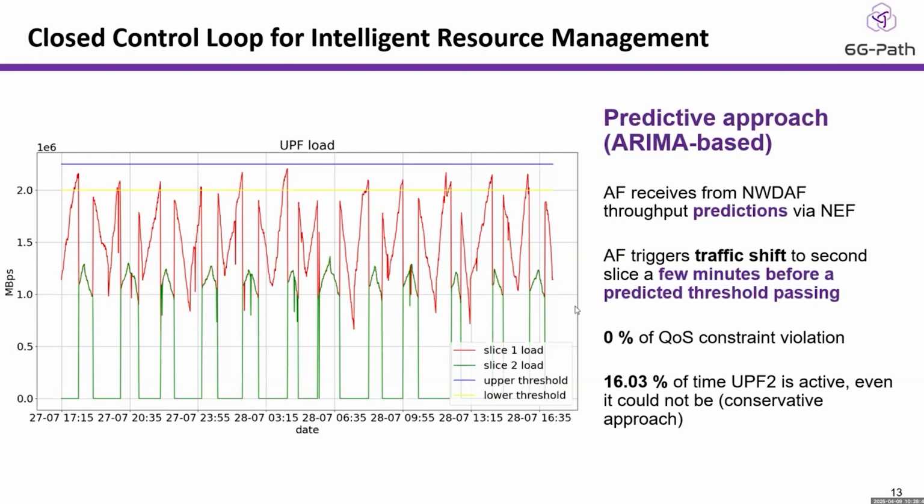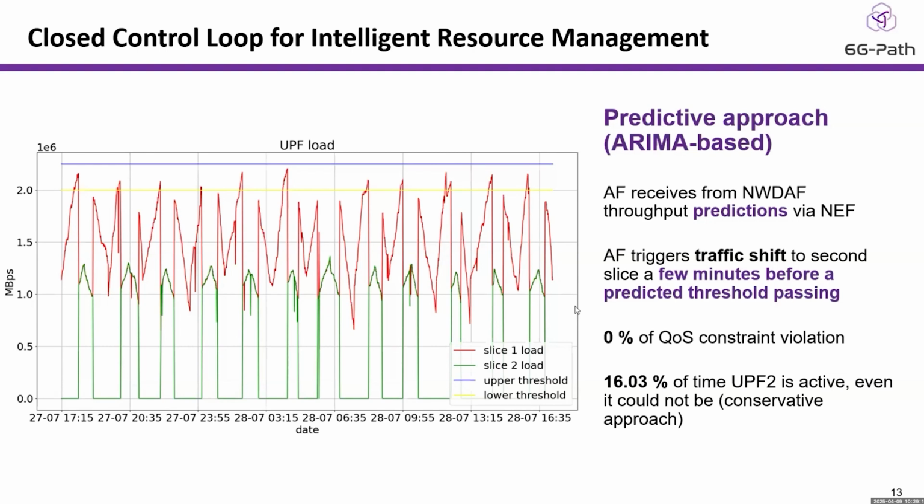So you can see here in the picture that the red and green curves show the load of the 2 UPFs. Sometimes the green load is 0. That corresponds to when only one UPF is active, the red one in this case. And you can see that whenever the red load is about to reach the threshold, the algorithm detects this, predicts this actually, and activates the second UPF.